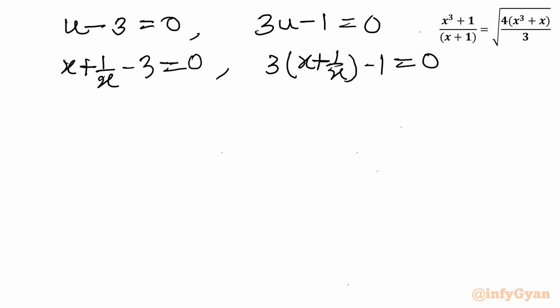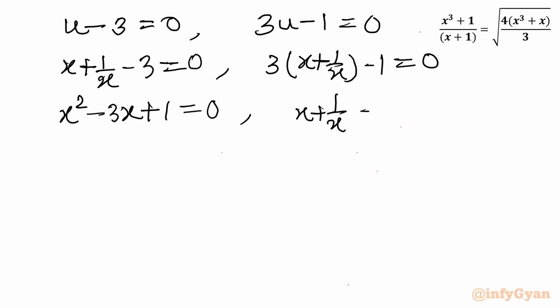Let's solve the first one. Multiply with x as x is non-zero. x square minus 3x plus 1 equal to 0. Second equation I can frame. Let me write in this form first. x plus 1 over x divided by 3 minus 1 by 3 equal to 0. So this equation will convert, multiply by 3x now: 3x square minus x plus 3 equal to 0.